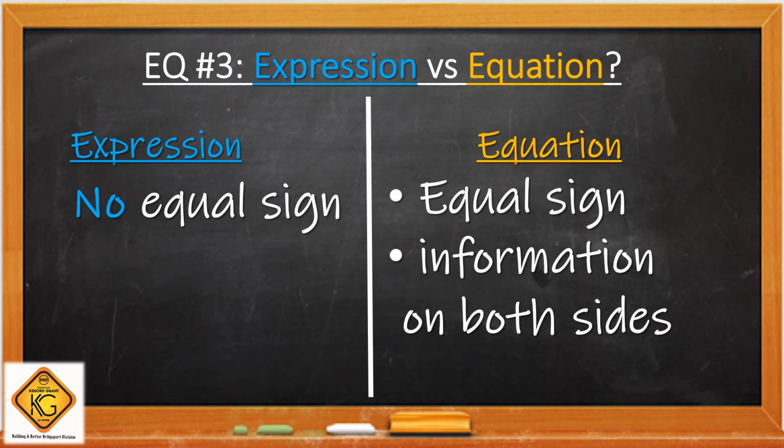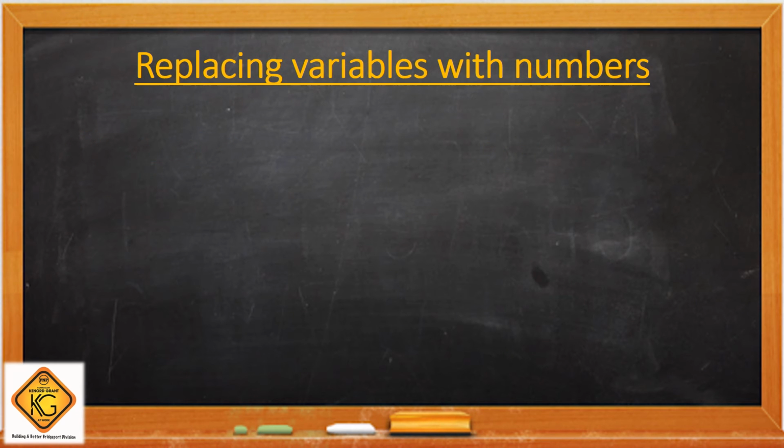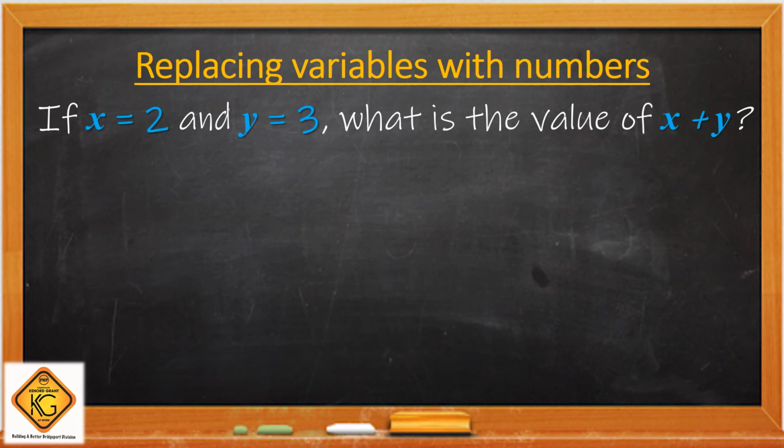Finally, let's try replacing variables with numbers. Here's an example. If x is equal to 2 and y is equal to 3, what is the value of x plus y?